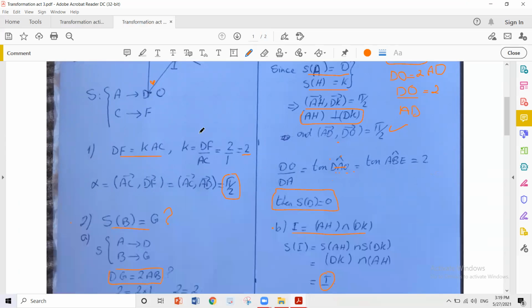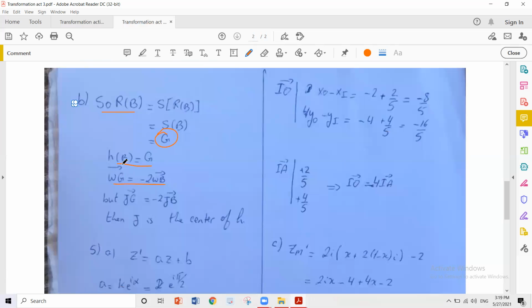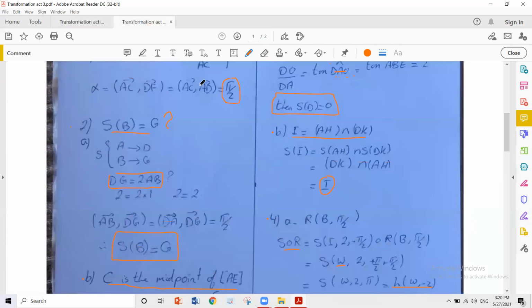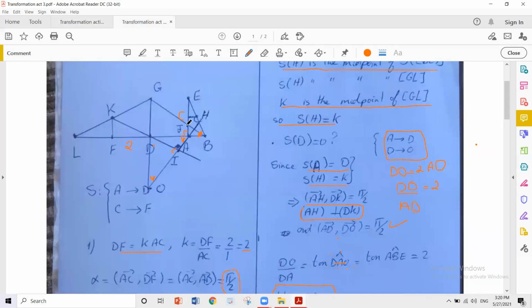Then we have WG minus WB, but GC equals minus 2GB. So JG equals minus 2JB.